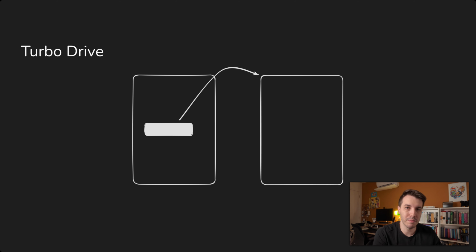So it just replaces the body, and that's basically it. So it behaves and feels much faster as you navigate around the application with Turbo Drive. And we don't have to do anything. We just install Turbo and start the Turbo process. And just that will turn our multi-page application into something with a single-page application feel.